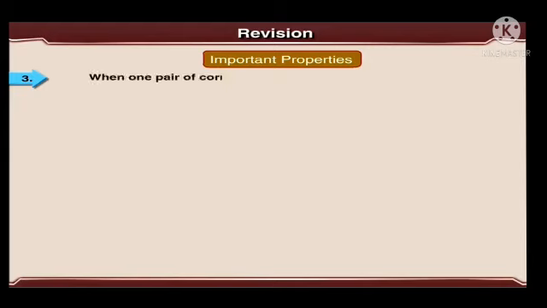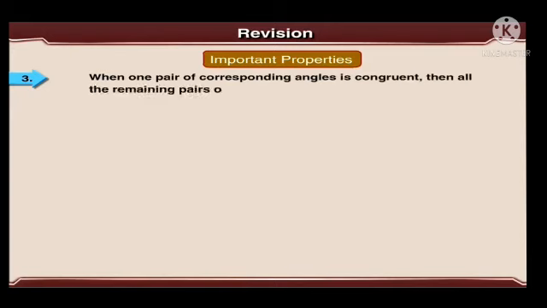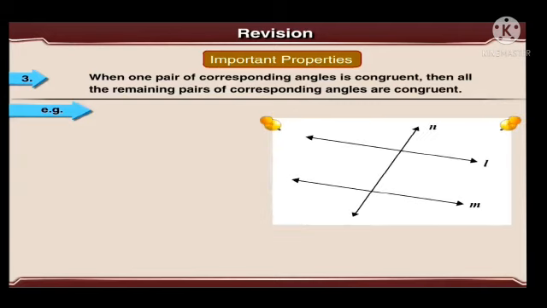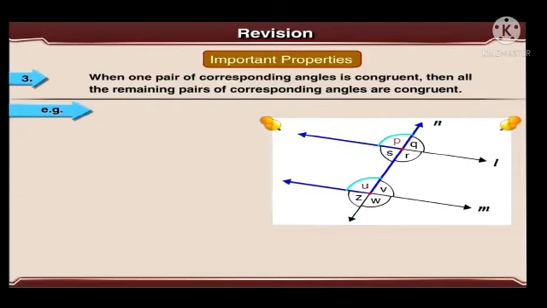3. When one pair of corresponding angles is congruent, then all the remaining pairs of corresponding angles are congruent. Example, in the given figure, lines L and M are parallel lines and N is the transversal.